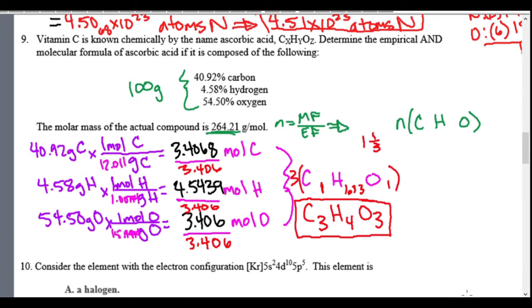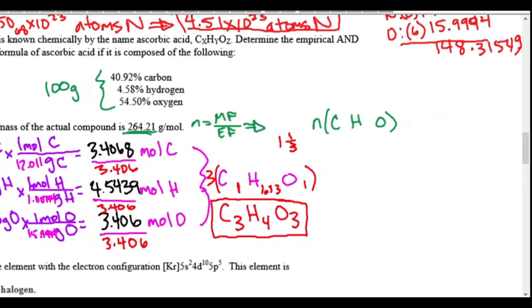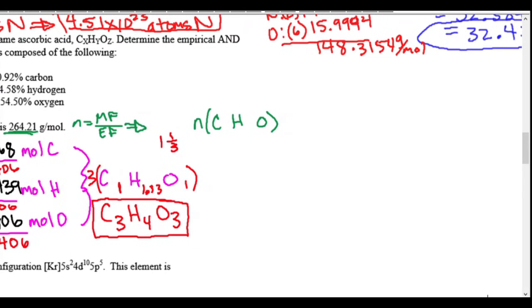So now we need to find out what our n is. To do that, we need to find the molar mass of our empirical formula, and we're given the molar mass of our molecular formula. The given for our molecular is 264.21 grams per mole.